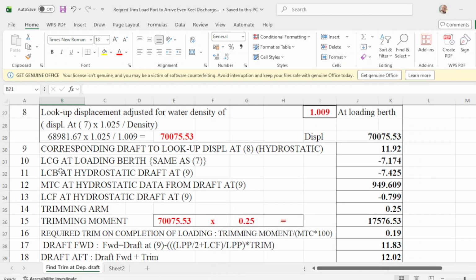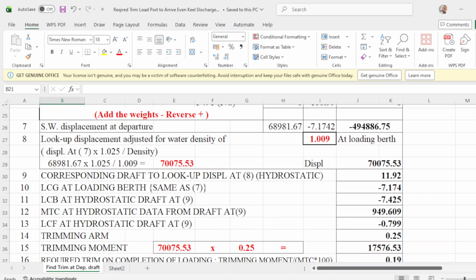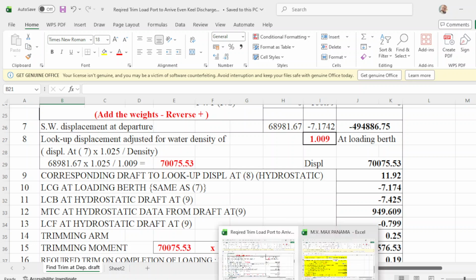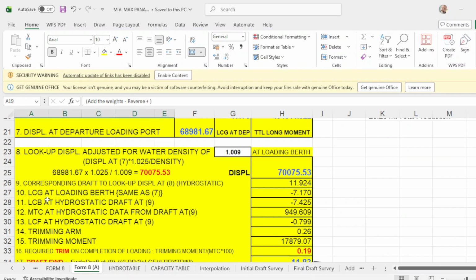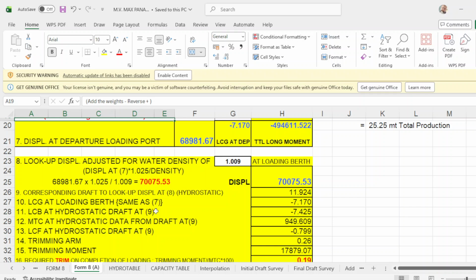Then number 10, what is the LCG at draft of 11.92? Oh, LCG is in number 7. So item number 7, the LCG is 71.17. And the same here, that will be number 10. Number 10 is 7.170, which it says here number 7, so number 7 is the same.